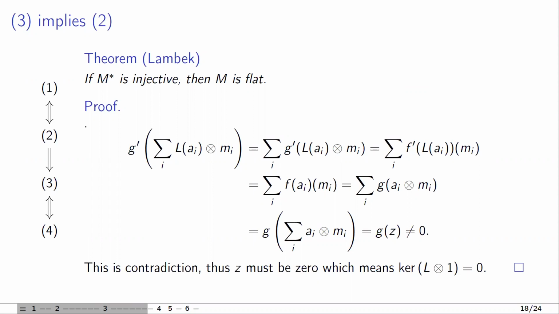Then by definition of F prime, this is literally just F applied to A_I applied to M_I, and then add them together. Then by definition of F, this is just the sum of G evaluated as A_I tensoring with M_I. Then we can put the G back up front, and this is just G of that. But by the choice of G that shouldn't be 0, so we get a contradiction. So we know that the kernel is actually trivial.